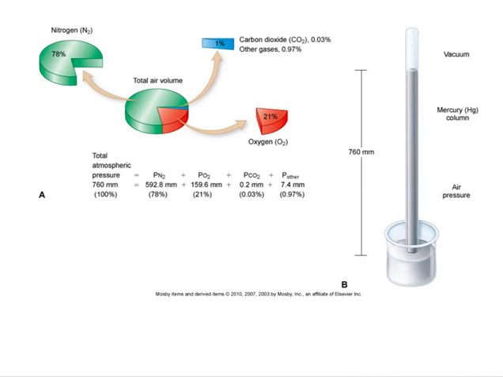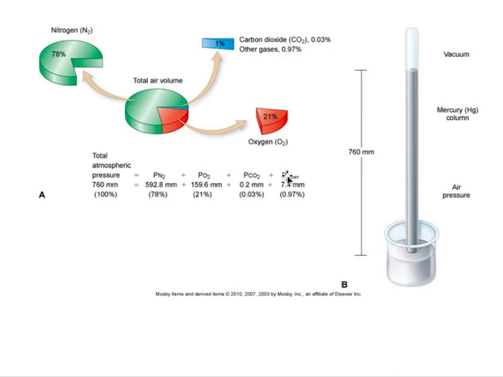So what we're looking at here is partial pressure of, for example, nitrogen, and this is how we denote it, P sub N2. Partial pressure of oxygen, P sub O2. Partial pressure of carbon dioxide, P sub CO2, and then the partial pressure of other substances, such as water in the air, is also listed. So the partial pressures equal your total pressure.